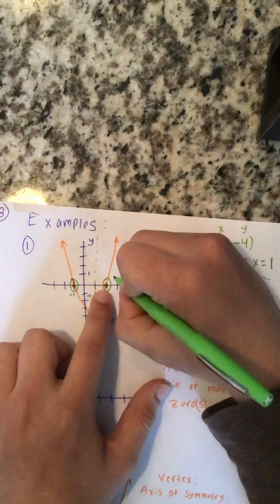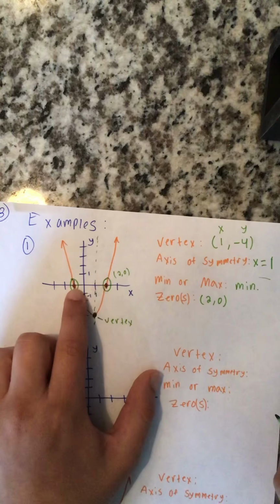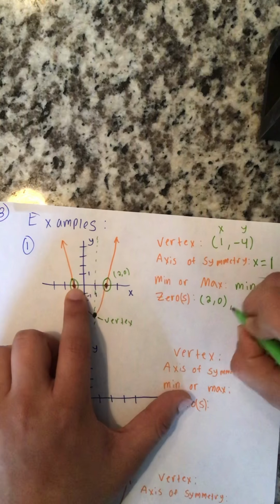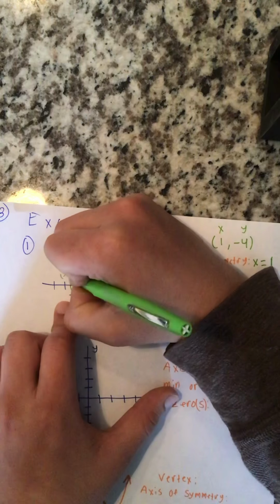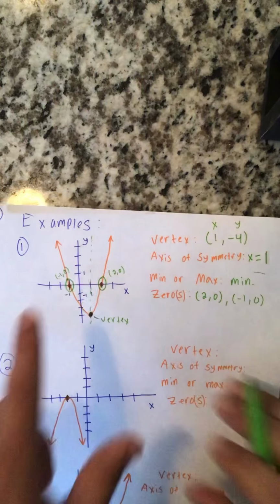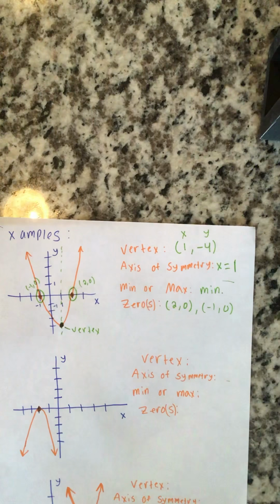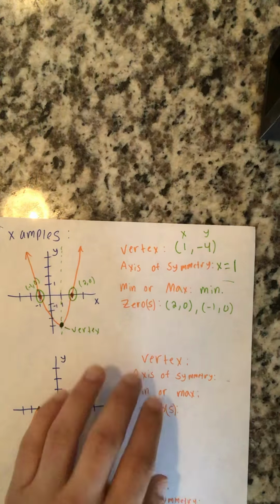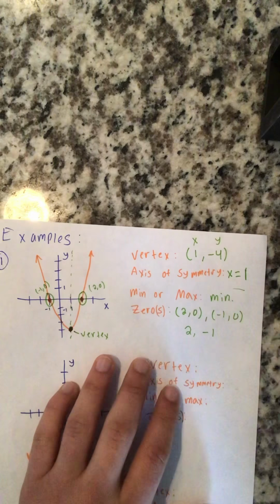The second one, I'm going to write right here. The next one is over here. So that point is (-1, 0), okay? And that's it. So that's 2 zeros, okay? Sometimes you might see them written as points, but sometimes you might just see them written as 2 and -1, okay?